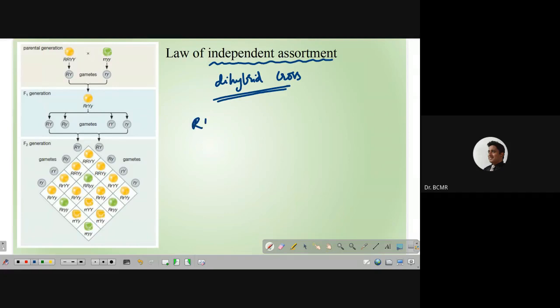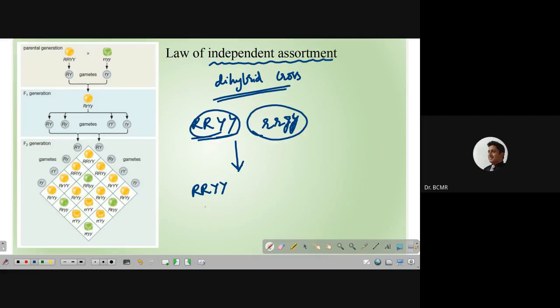Say, for example, we have RRYY, that is for round and yellow. Then the offspring, all of them that would form, if all of them were RRYY, irrespective of small y, say if there is a cross between an individual like this and like this, and 50% of the individuals are capital R, capital Y, and 50% are small r, small y.